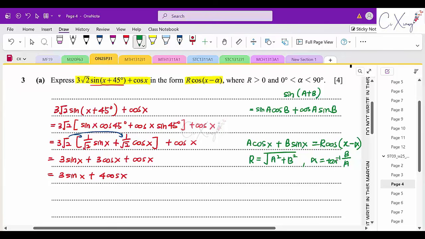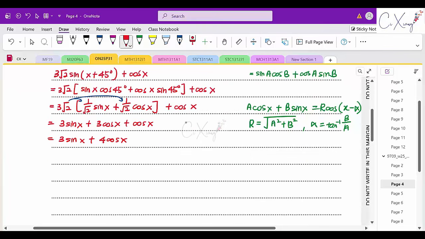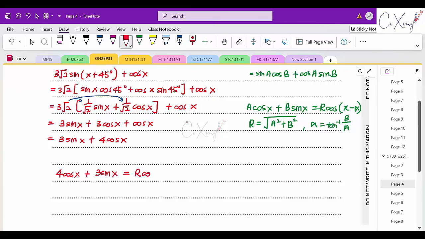The angle that you get will be different here. Please take note of this detail. Okay, alright, then let's continue. Now I want to express this into this pattern. What I have here is 4 cos x plus 3 sine x equals R cos(x minus alpha).